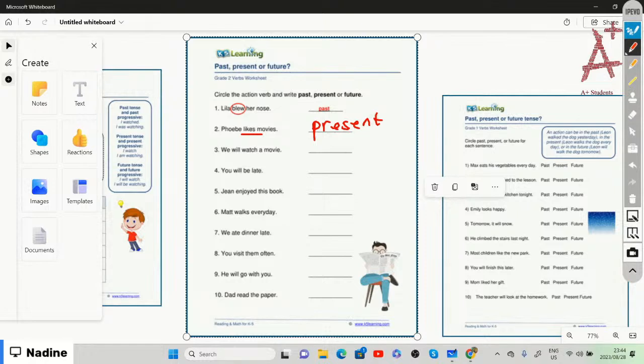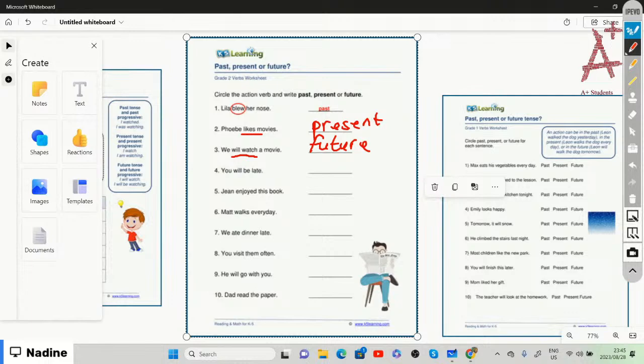We will watch a movie. We have will watch, and that shows the future. It must still happen, right? Ongoing action in the future, it must still happen.